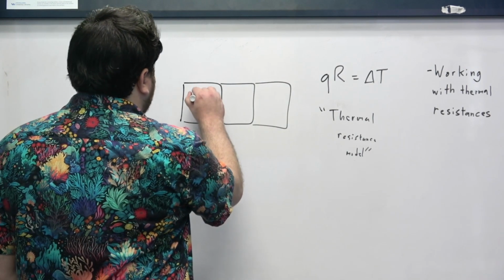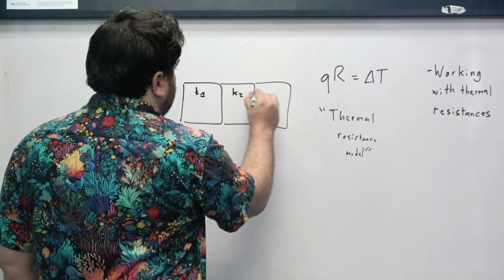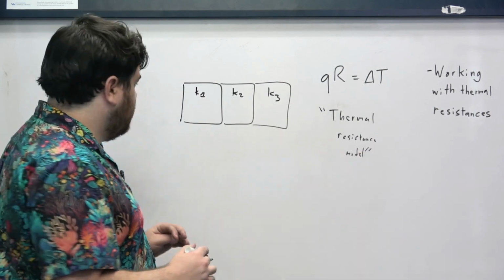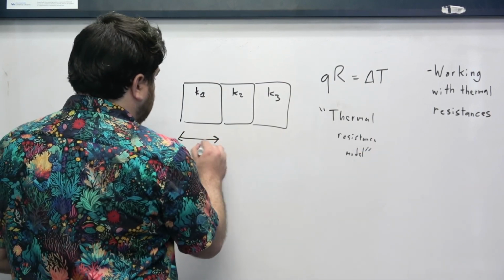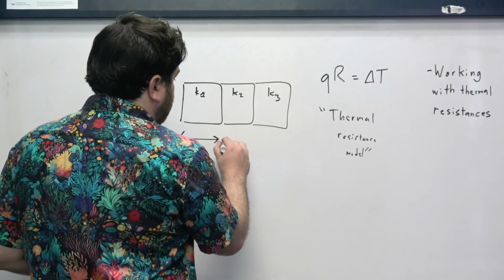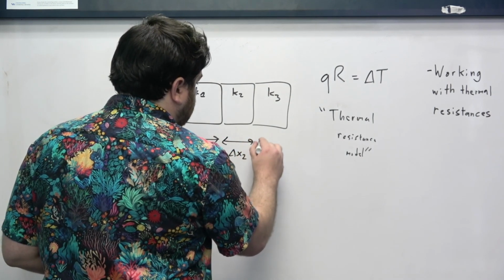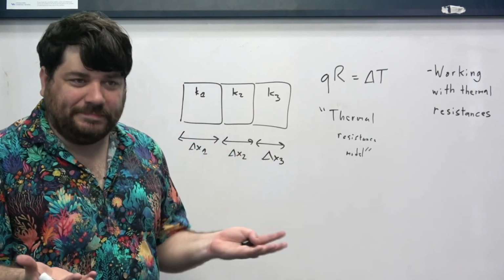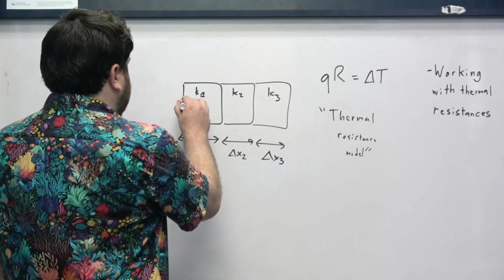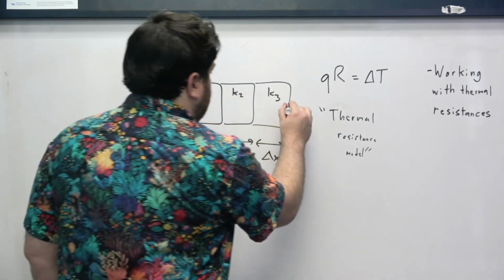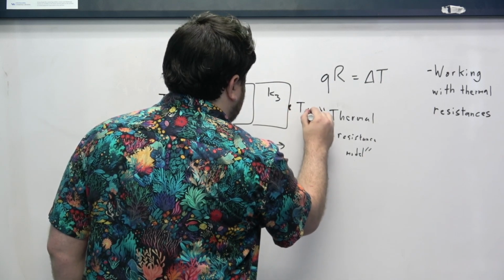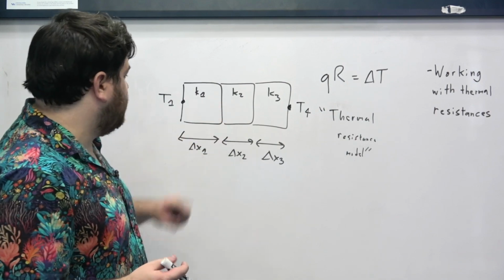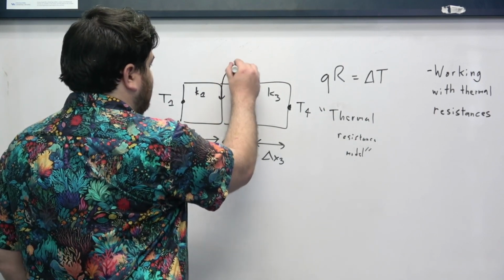But the idea is that I have some system where I just have a bunch of walls that have different thicknesses. And maybe I know the temperature in here, and I know the temperature out here, and I want to figure out, well, what's the temperature in here? So what's T2?